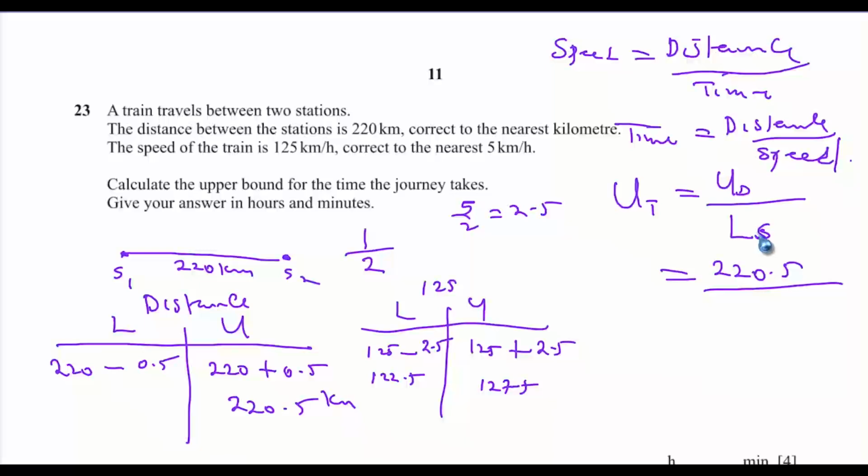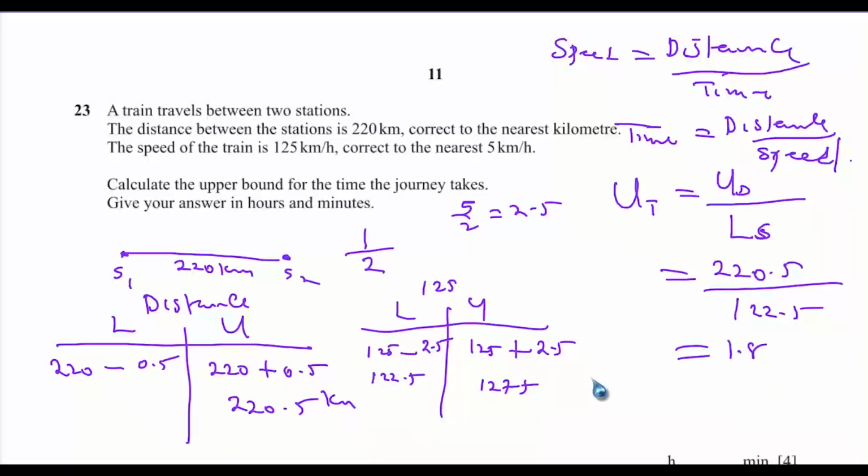So we need the lower bound of the speed. That means we need 122.5. So if you divide 220.5 by 122.5, you get 1.8 hours. So that means the upper bound for the time is 1.8 hours, but we are told to give the answer in hours and minutes.